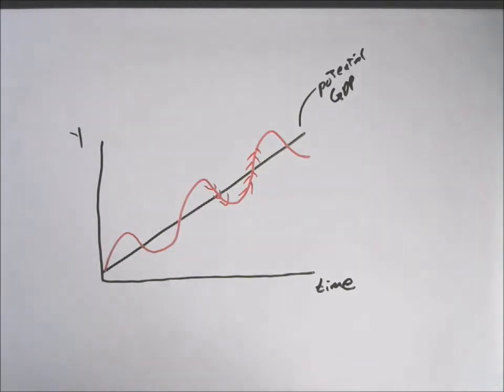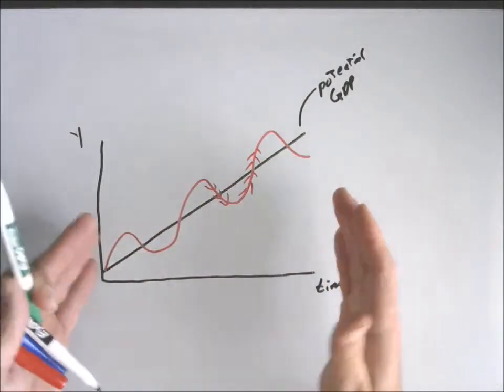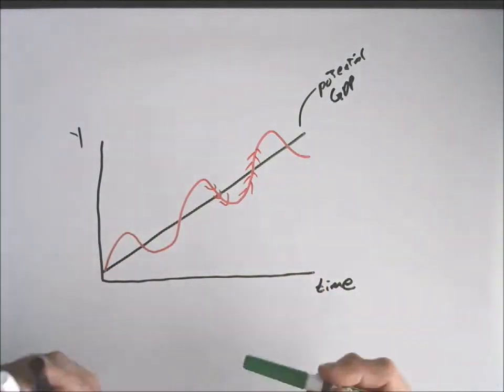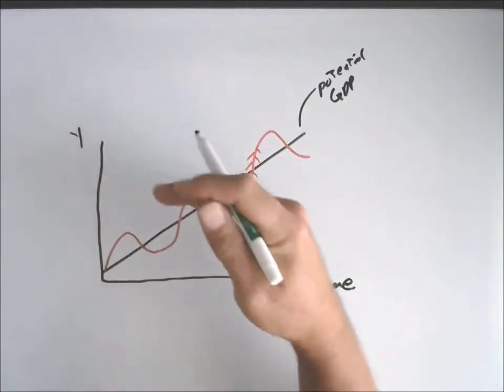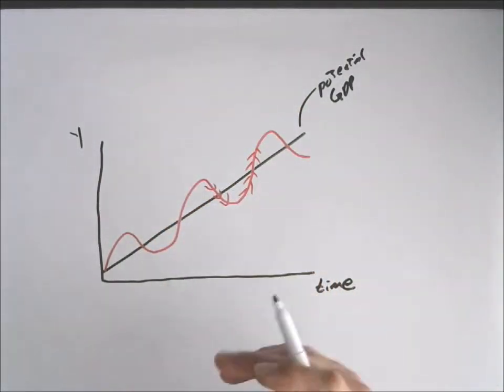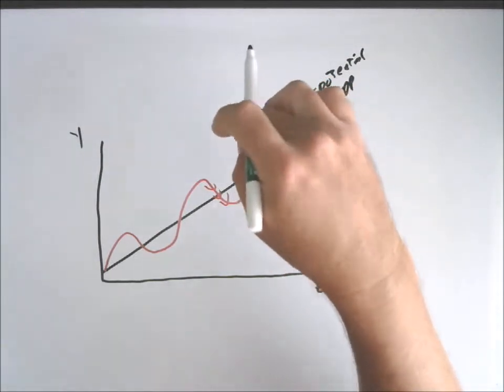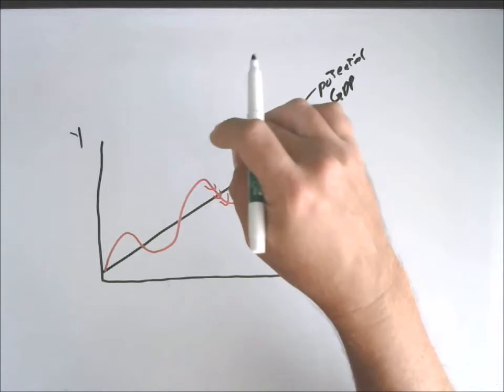But how do we represent this mathematically? Well, we represent it mathematically through the multiplier. Remember that the multiplier effect is this multi-stage process that affects consumption with some initial injection of an autonomous variable.